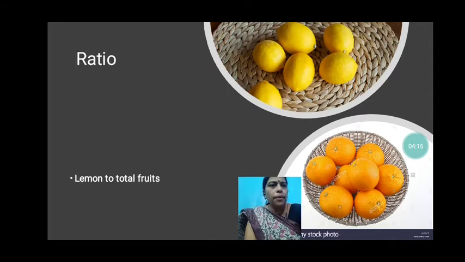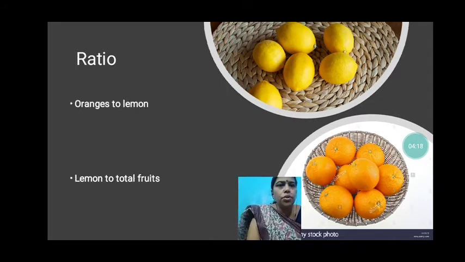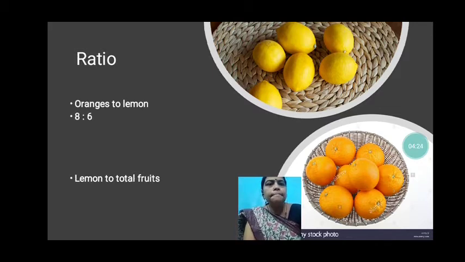Now we will see that with the picture. Here the ratio of oranges to lemons, you see 8 oranges and 6 lemons, 8:6. Then lemons to oranges, you see 6 lemons, 8 oranges, 6:8.